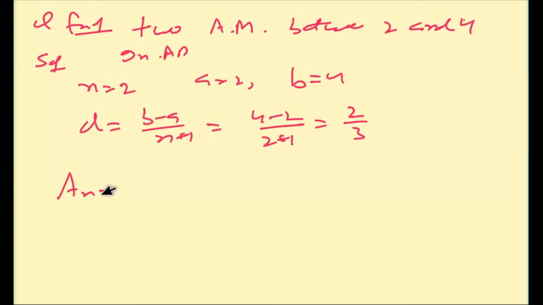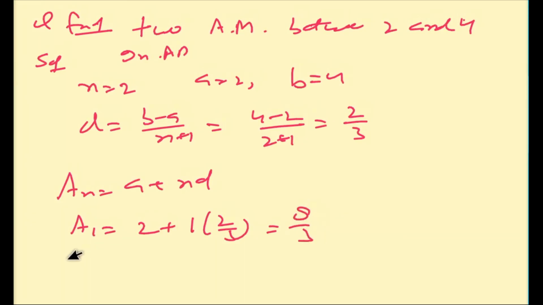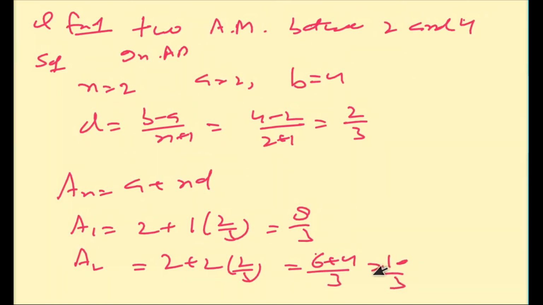Now AN is equal to A plus nd. So A1 is equal to 2 plus 1 into d, that we can solve, 8 upon 3, and the second is A plus 2d. So we can find it, that is 6 plus 4 upon 3, it is 10 upon 3. So your answer is 8 upon 3 and 10 upon 3.